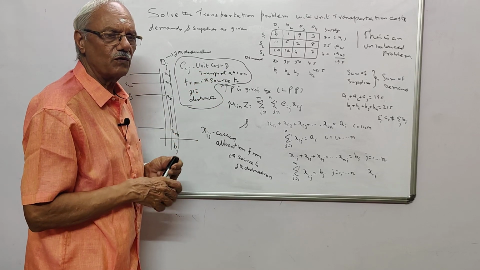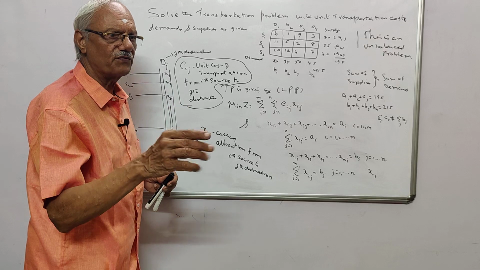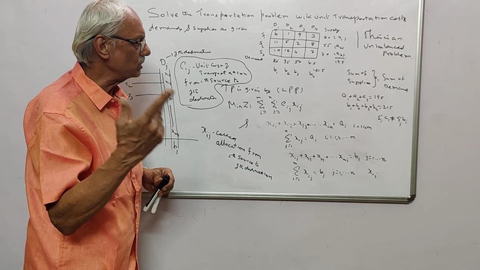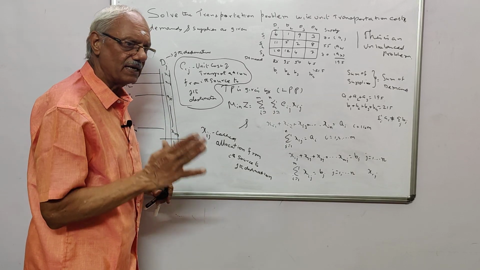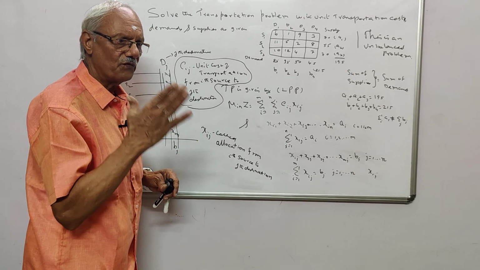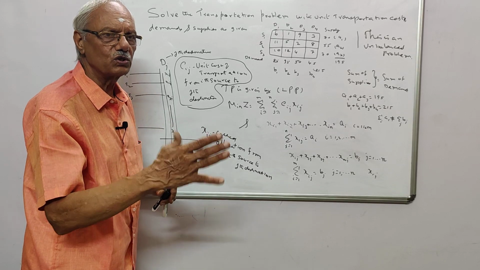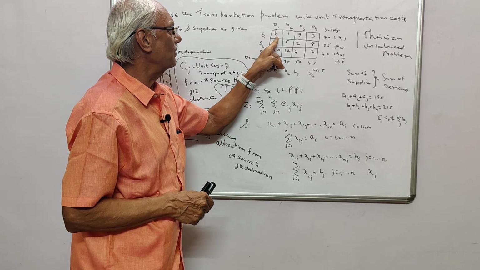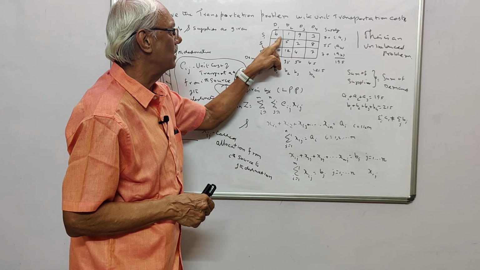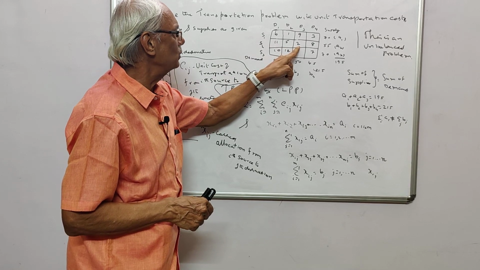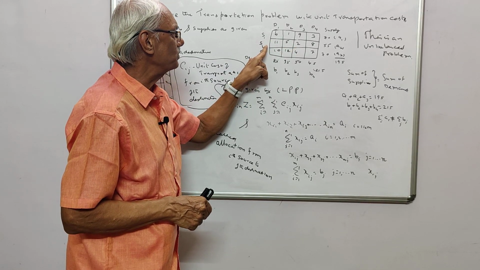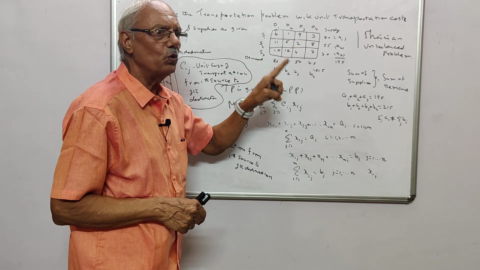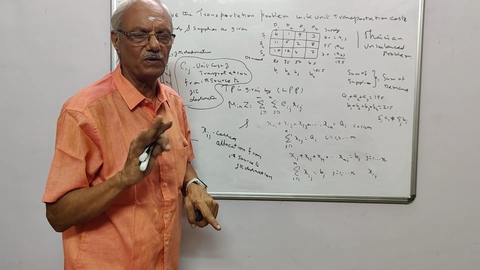That means the cost of transporting 1 unit of material from the ith source to the jth destination. And in the same way, Xij means the allocations from the ith source to the jth destination. For example, you see that here the cost of transfer, this is C11, this is C23, because the cost of transportation from source 2 to destination 3 is 2 rupees per unit. That is what we need.